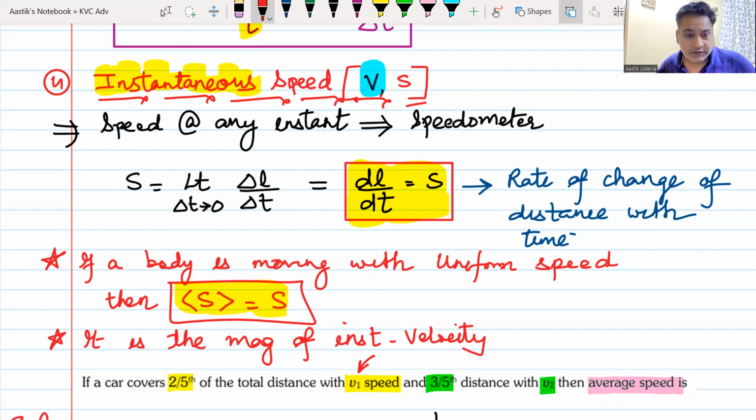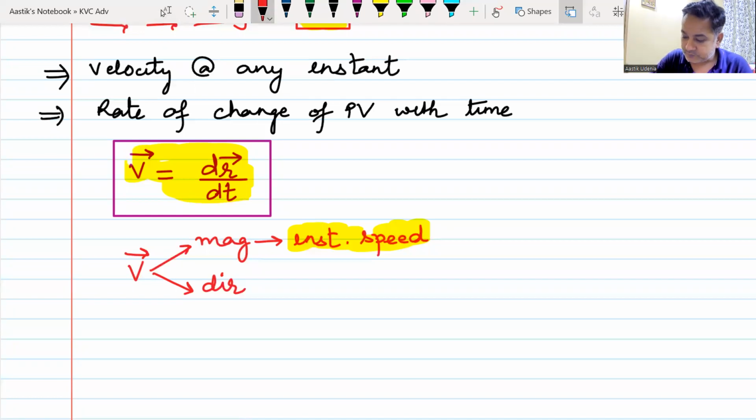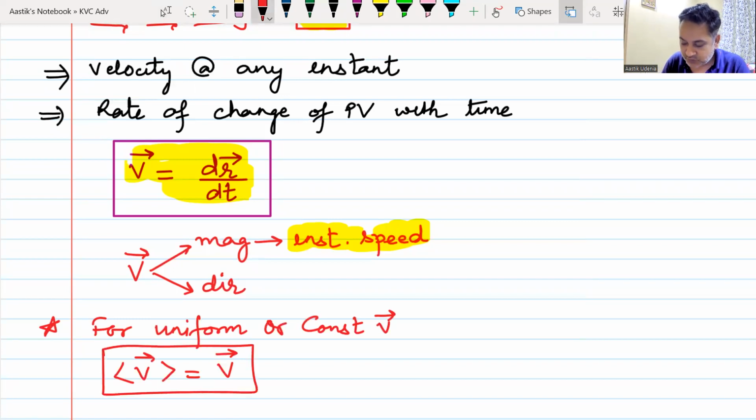Done, sir. Do we understand this? Yes, sir. Now you can also write, if a particle is moving with uniform or constant velocity, your average velocity will become equal to your instantaneous velocity, because you are covering equal distances in equal intervals of time.